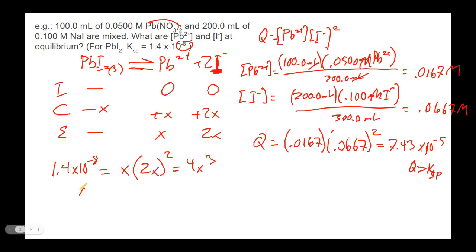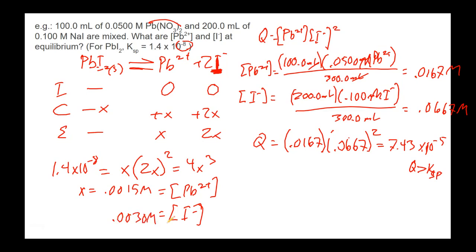So we solve for x, and we found out that x is 0.0015 molar, and that is equal to the concentration of Pb2+. The concentration of I-, well, that's just going to be double that. So that'll be 0.0030 moles per liter.